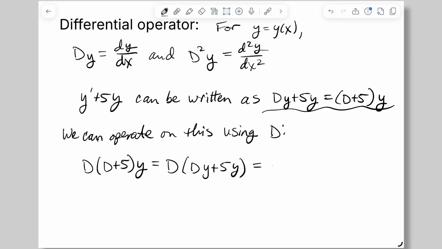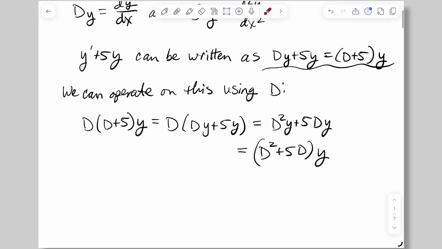That's going to be the second derivative, D2y, plus 5D, the first derivative, y. And we can represent that as D2 plus 5D acting on y. So the notational advantage is that we can increase the order of derivatives by applying the D operator to it, and it behaves as though it's distributing, although it's just differentiating each term.